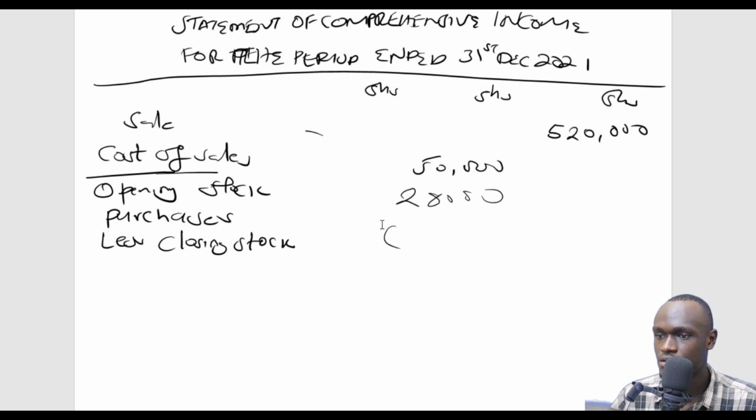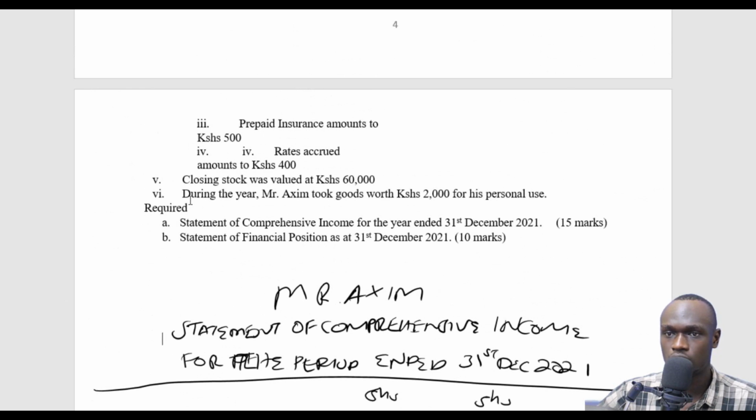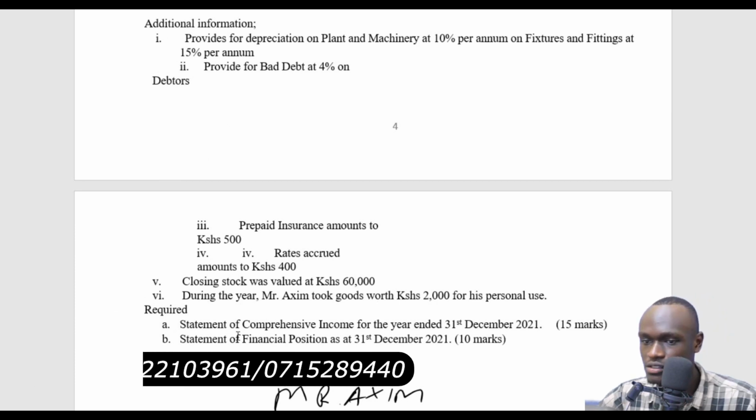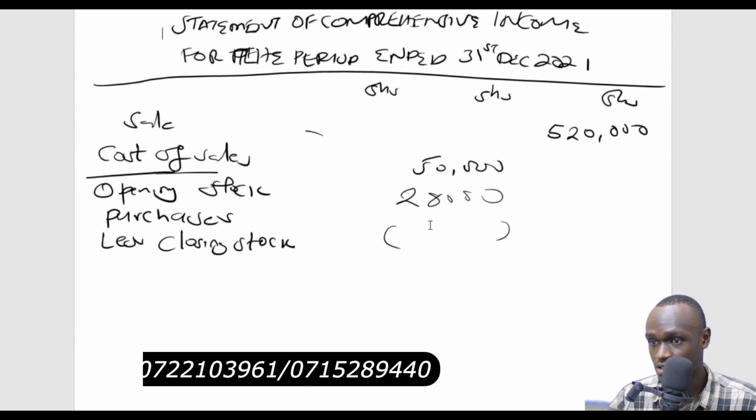Then we less closing stock. Look at additional information, Roman 5. Closing stock was valued at 60,000. So we less 60,000.